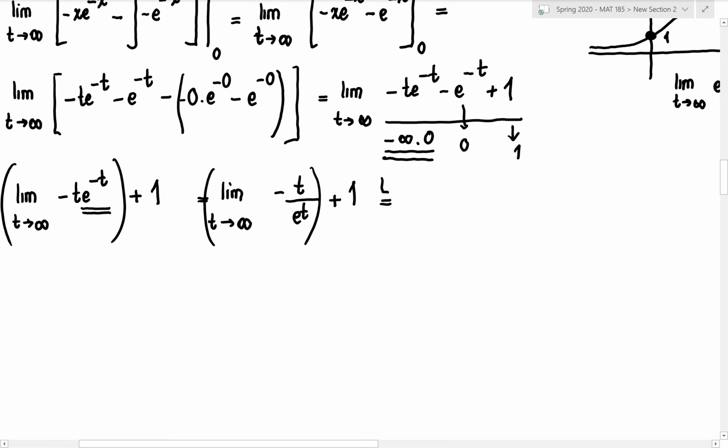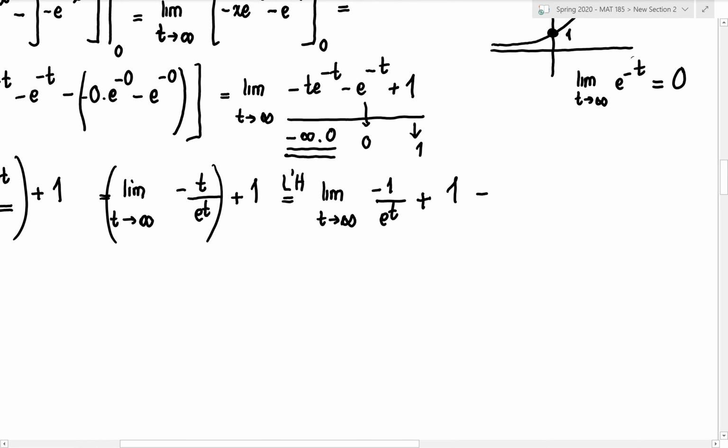And now in this case, I'm going to use L'Hopital's rule. So when I do that, I get limit as t approaches infinity, the derivative of negative t is negative 1, over e to the t, plus 1. And now as t goes to infinity, e to the t goes to infinity, so this entire thing goes to 0. So I'm left with 0 plus 1, which is 1.